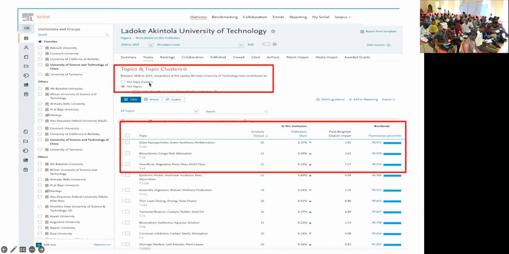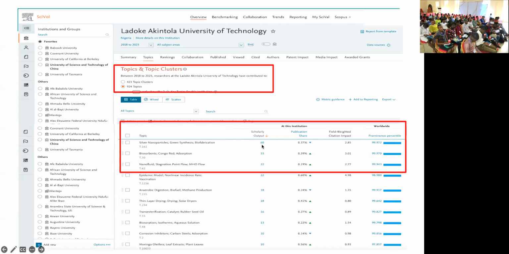Notably, researchers related to green chemistry and sustainability engineering, such as those conducting research on silver nanoparticles, green synthesis, biofabrication, biosorption, and biodiesel production, take a commanding lead, as can be seen here.